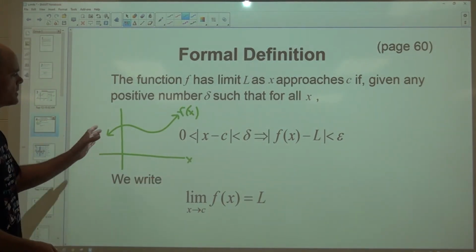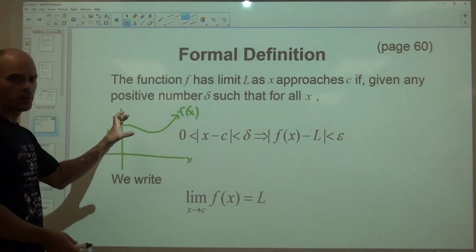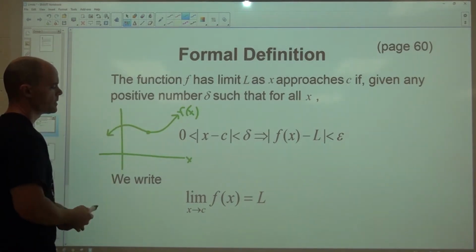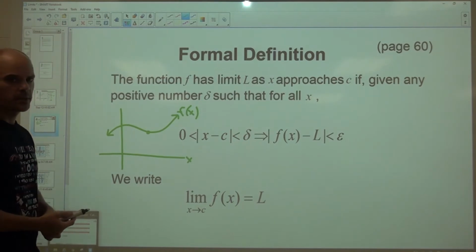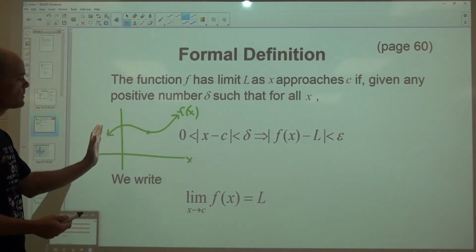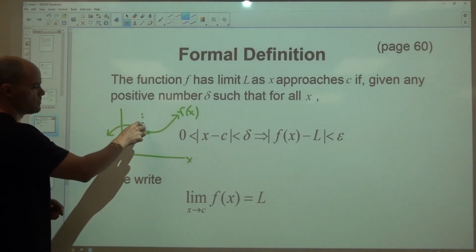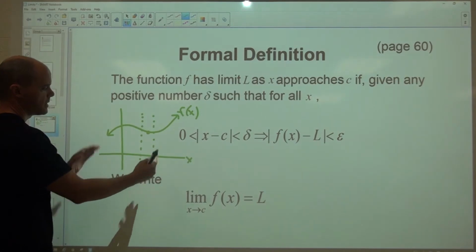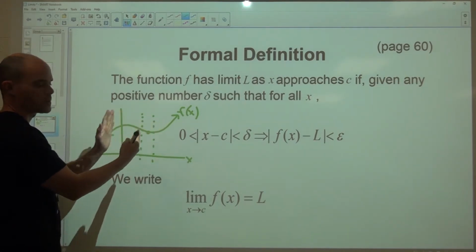And so what we're going to do is we're going to zoom in on a point, and we're going to get infinitely close to it, so we'll call this the point. We don't know what's happening at that point, but we can get infinitely close to it from the left and from the right. So as I zoom in really, really close from this side, or I zoom in really close to that side, and I make that smaller and smaller and smaller, what's happening?